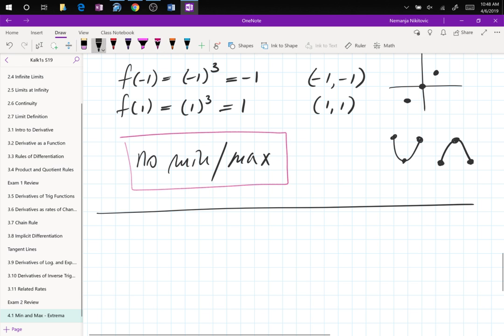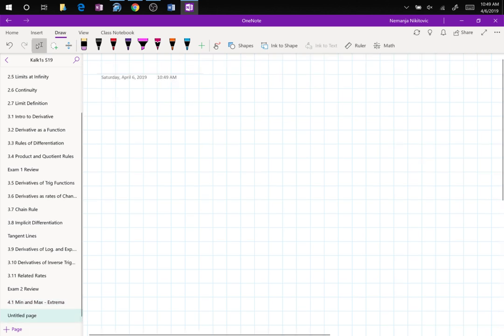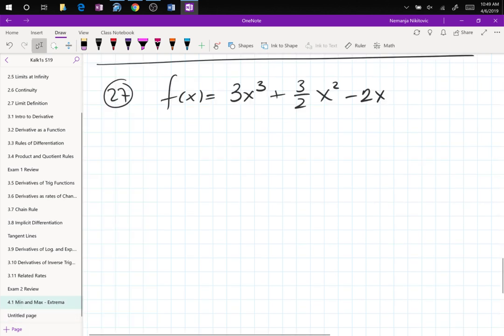For instance, well, let's start with vanilla exercises like 27. f of x equals 3x cubed plus 3/2 x squared minus 2x. Find the derivative, set it equal to 0, and go from there.